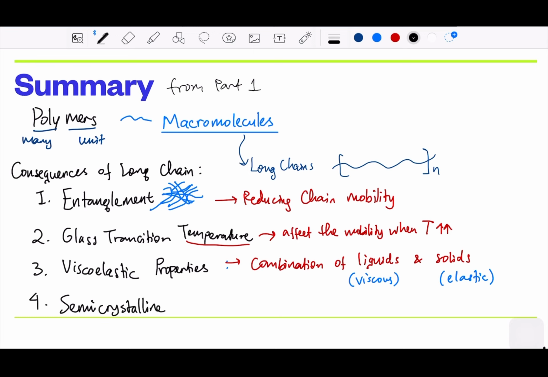If you look at glass transition, that's amorphous, and we could say as a conclusion that the polymers have semi-crystalline properties. So this is a combination of amorphous and crystalline.